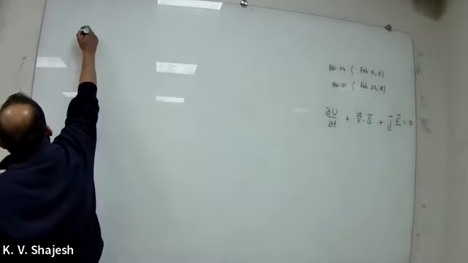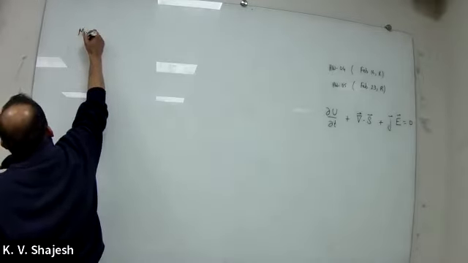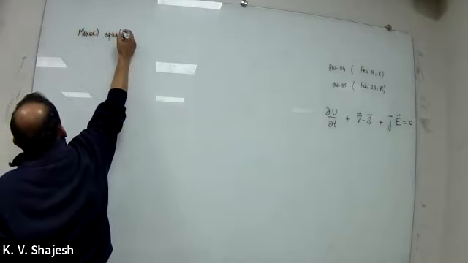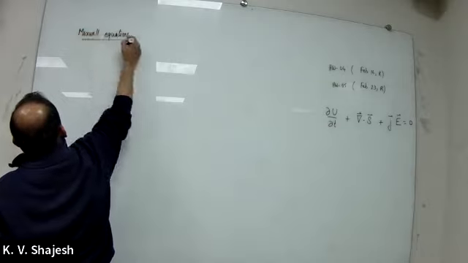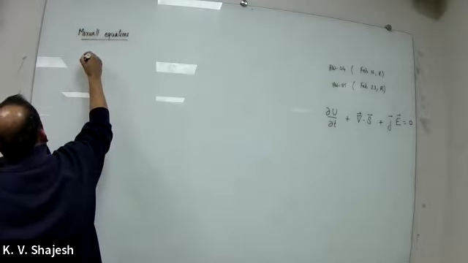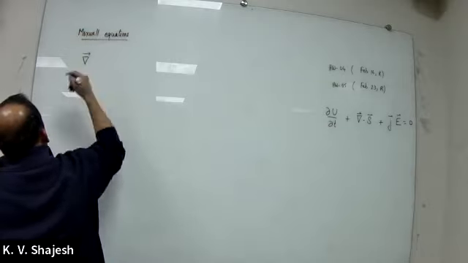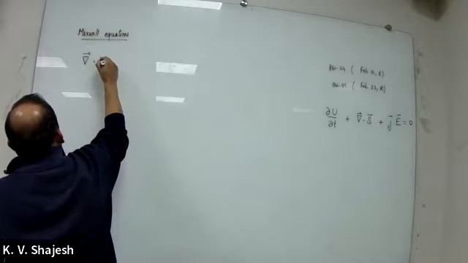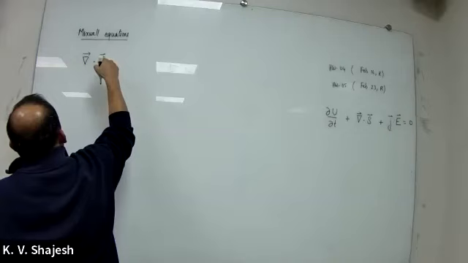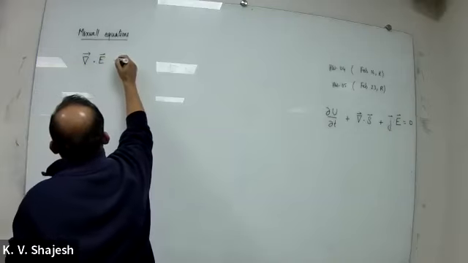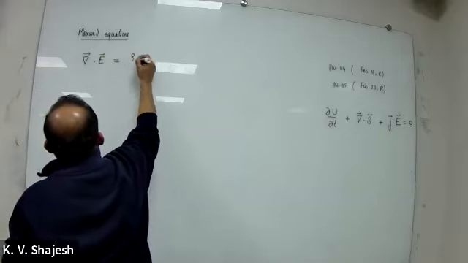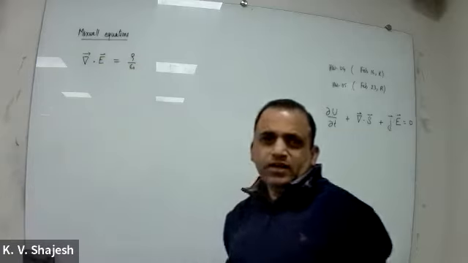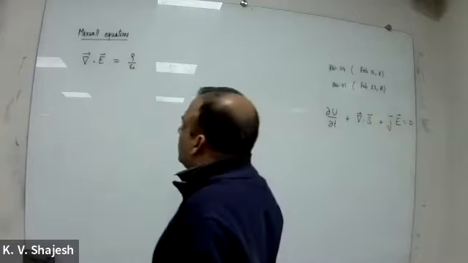So again, Maxwell's equations. Divergence of the electric field, all position and time dependent, is equal to rho over epsilon naught, the charge density and electric field.